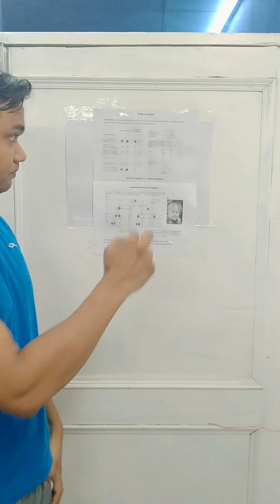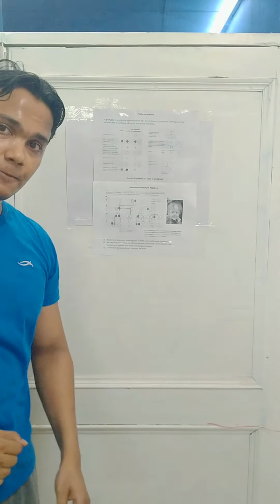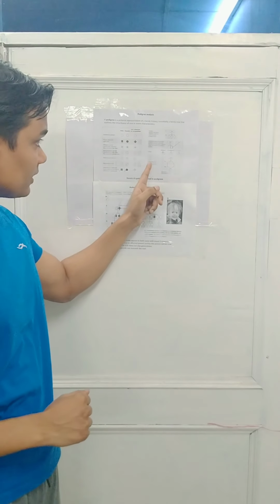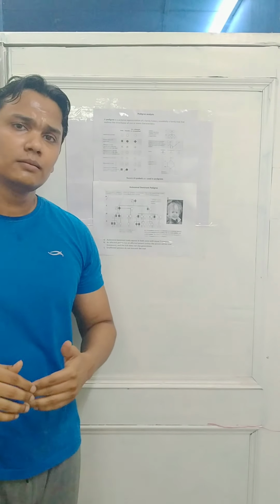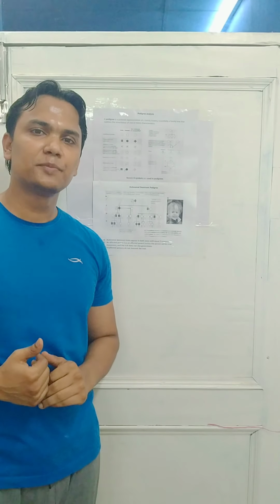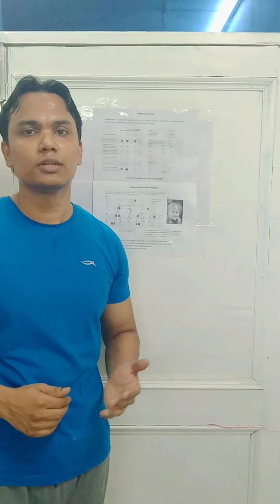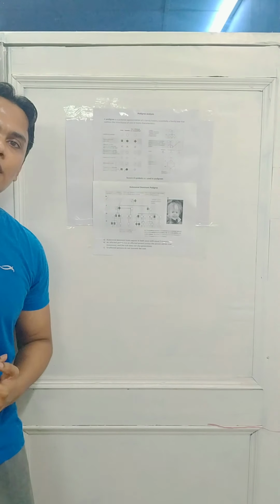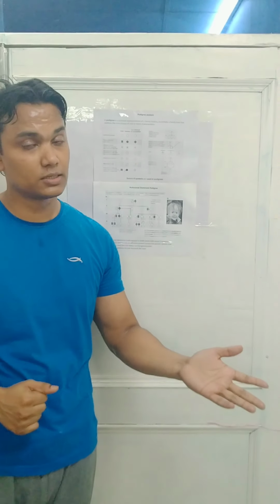Okay. Now we will see the last case: consanguinity. What is consanguinity? In many families and in many groups, marriage between related individuals is very common, such as marriage between first cousins and second cousins.